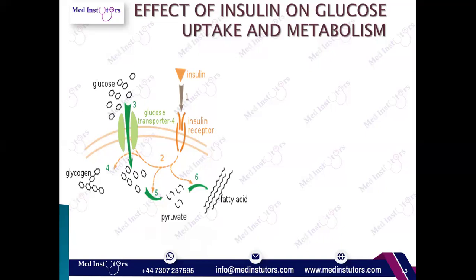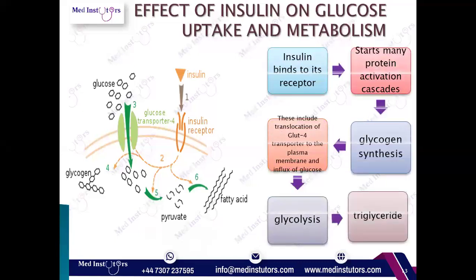Inside the cell, the glucose transporters are present in the cytoplasm. When insulin binds to the insulin receptors, a certain cascade of reactions happens, glycogen synthesis happens, and this translocates the glucose transporter 4 into the plasma membrane of the target organ cells.